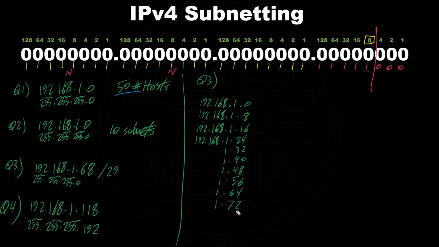Do we have to continue? Well, we don't, because here 68 falls into this range, right? Therefore, we know 68 is in this network. So let's write down 192.168.1.64.